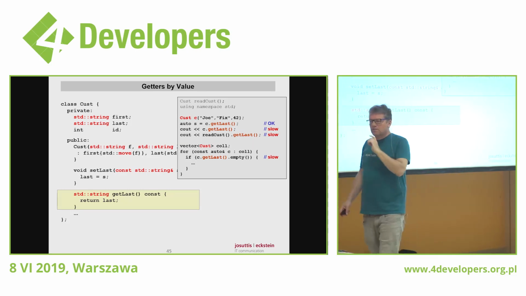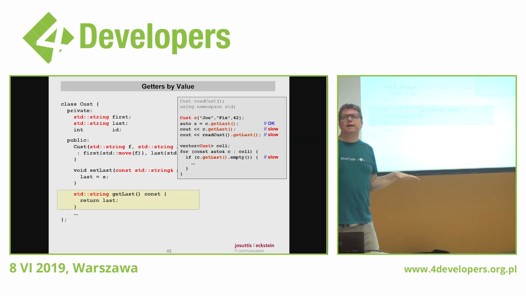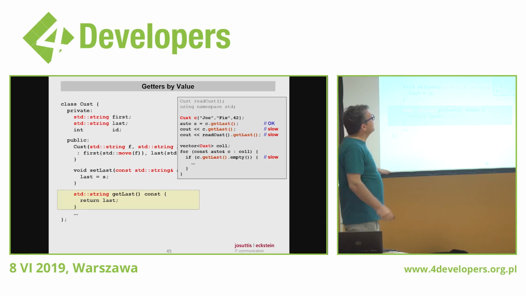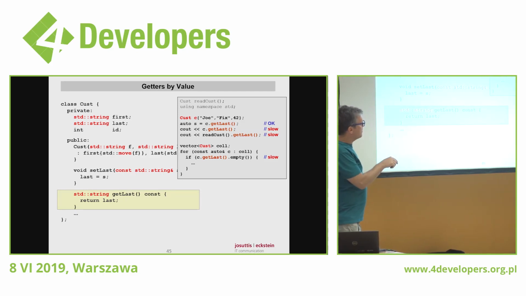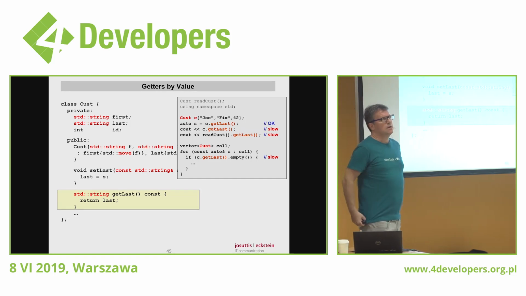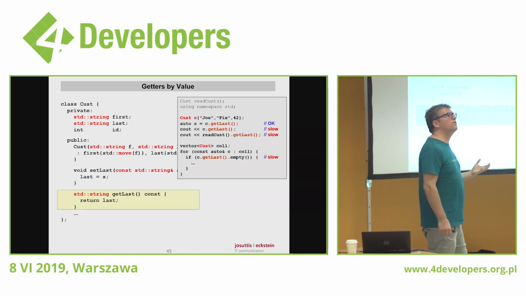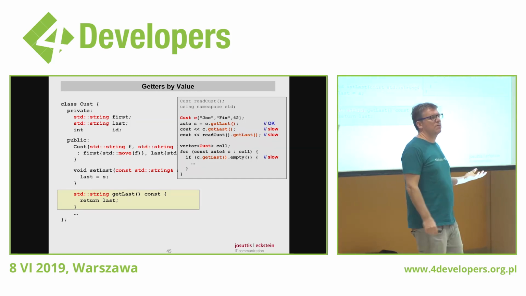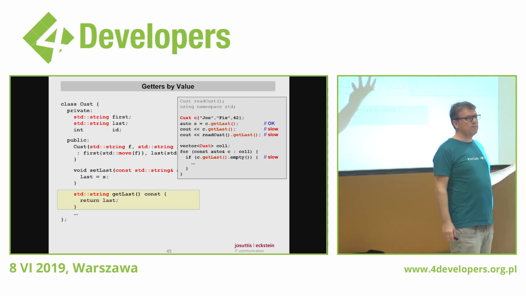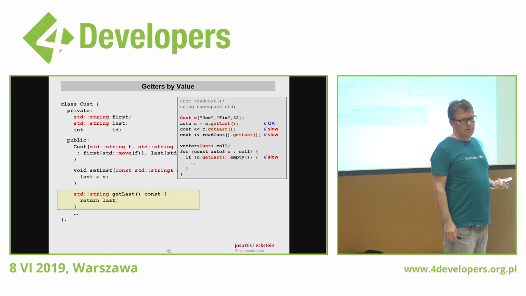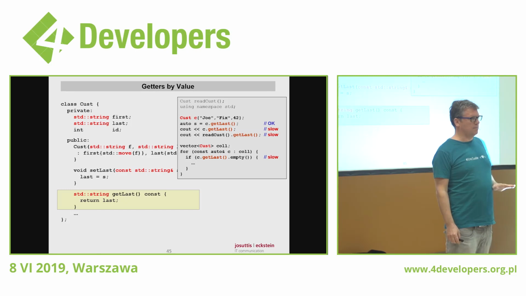This might be, I measured it yesterday, something like for 1 million customers in a vector, take 150 milliseconds instead of 30, or even 3. That's 5 to 50 times slower.